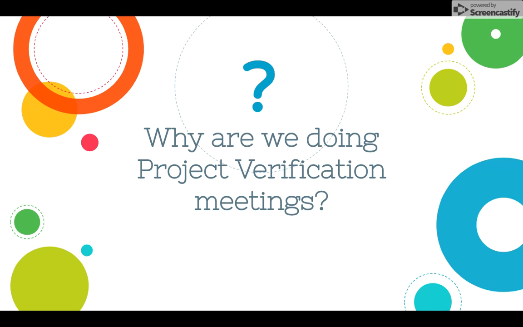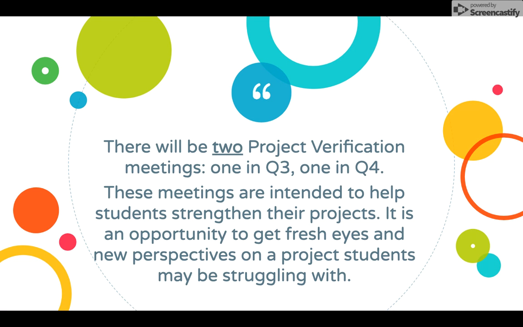So, why are we doing this? Why are we doing senior project verification meetings? Well, here's the answer. There's going to be two installments, one in quarter three and one in quarter four, and I'll talk about what's going to happen in each one a little bit later on in the screencast. But the real point of these meetings is this. As you develop your senior project along the way, sometimes you might get stuck in a bit of a rut.